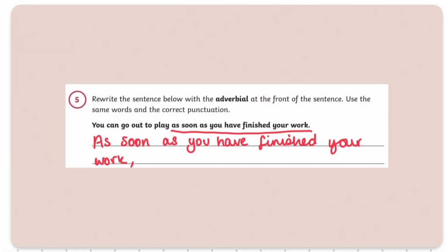And then we're going to put our comma, and we're going to finish the sentence. You can go out to play. And we need a full stop at the end, and make sure you've got a capital letter at the beginning.